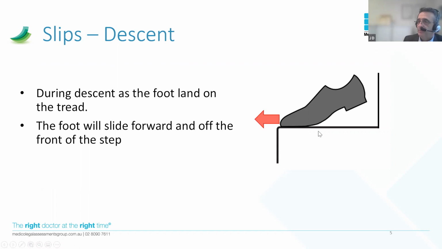If there isn't enough grip on that tread, your foot will slide off the front of the step, and this will tend to lead to a fall where you are going feet first down the stairway. This is probably the most dangerous type of fall, because it can result in the person falling all the way down the stairway.